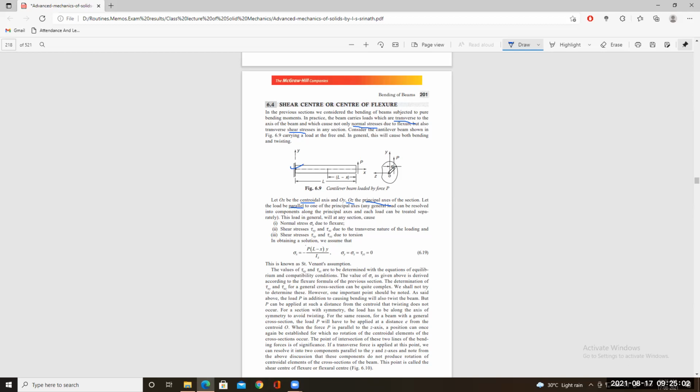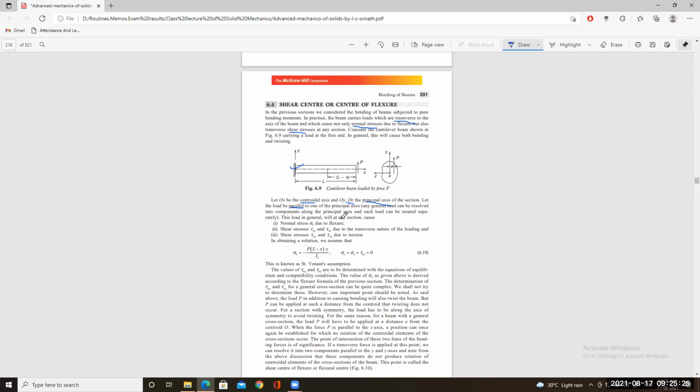This normal stress will act along the x-axis, which is not shown here; actually, the x-axis is pointing towards us, and its positive direction is towards us.